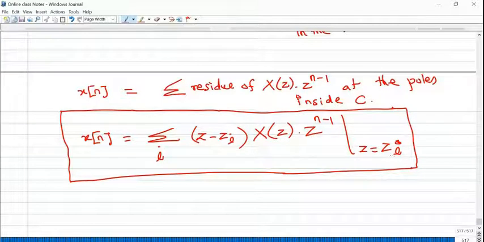Here zi represents poles. Maybe one pole or two poles or three poles. While solving the problem, you can understand what this particular expression represents, summation of (z minus zi), then X of z multiplied with z power n minus 1.